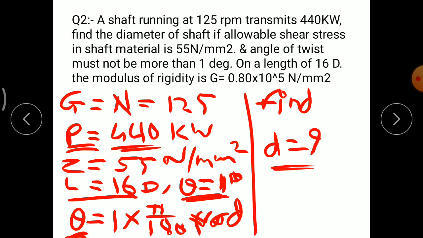For converting degree into radian, we use theta is equal to 1, the quantity that we have in the problem, into pi by 180. And what do we have to find? We have to find the diameter of the shaft.